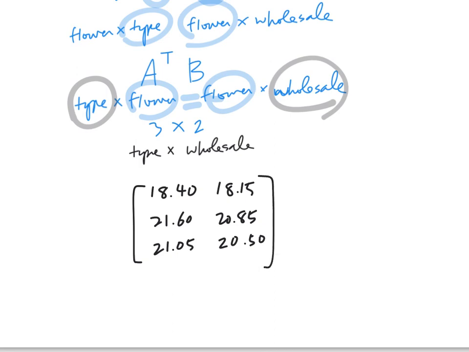All right, so now this is my final matrix. Remember, the rows mean type, the columns mean wholesaler. So this is type 1, type 2, type 3, and this is wholesaler 1, wholesaler 2. Let me ask you, what does this number mean? 21.6. The cost of arrangement 2 from wholesaler 1.